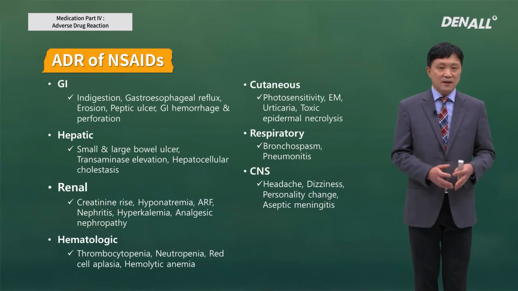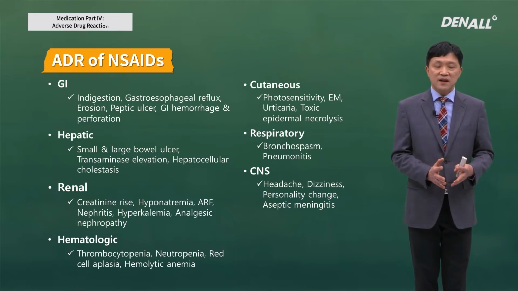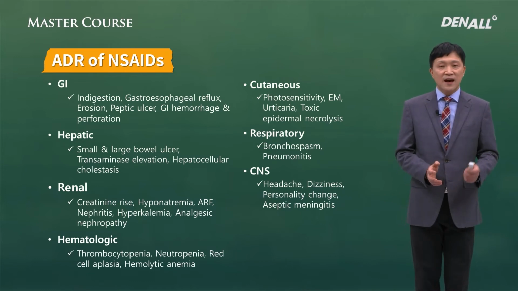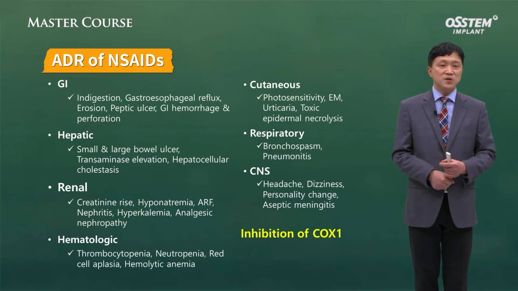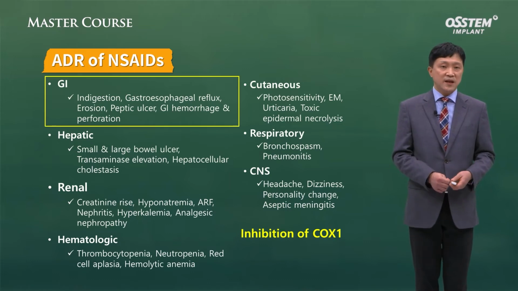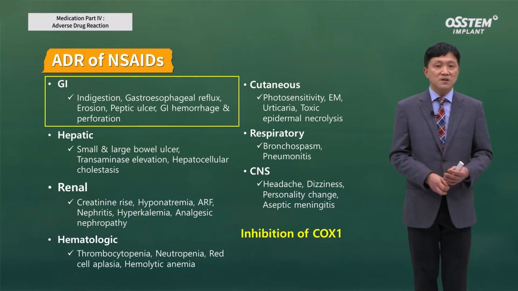Adverse drug reactions of NSAIDs are so many: GI, hepatic, renal, hematologic, cutaneous, respiratory, and CNS. But as I said before, these are from inhibition of COX-1. The most frequently occurring one would be GI trouble, like indigestion, gastroesophageal reflux, erosion, peptic ulcer, GI hemorrhage, and perforation.